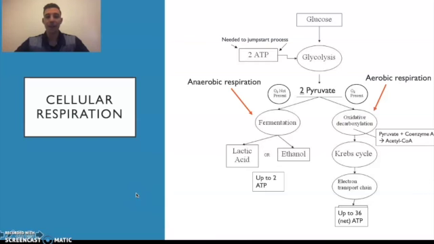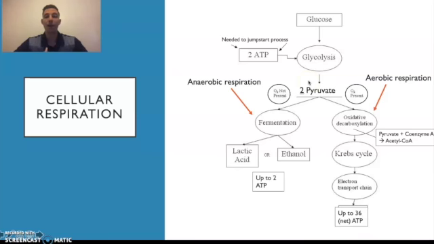All right, so here we have a diagram of cellular respiration that branches off into aerobic and anaerobic respiration. We start with one molecule of glucose. It enters glycolysis with the help of 2 ATP to jumpstart the process. This turns into 2 pyruvate molecules.